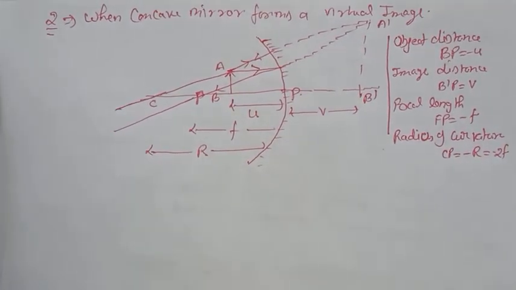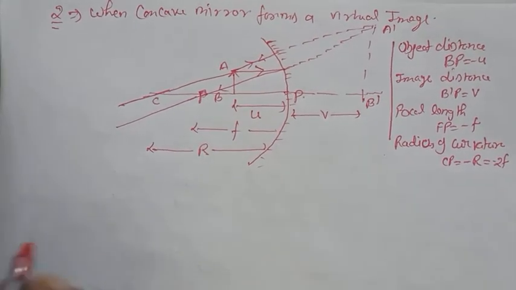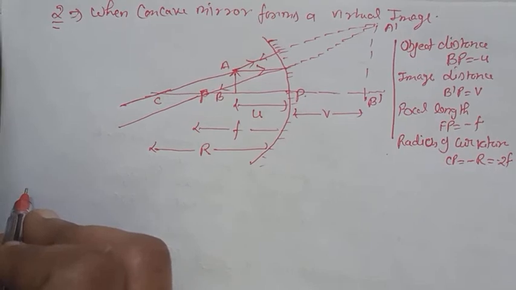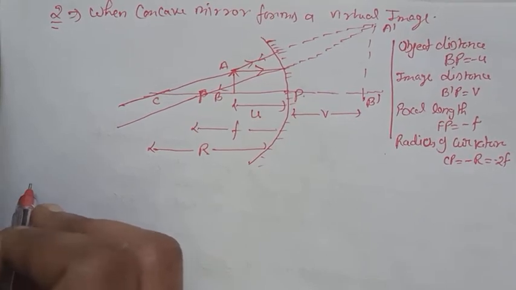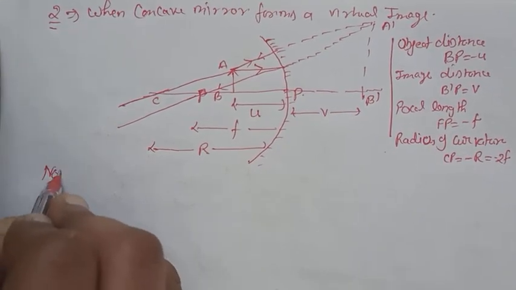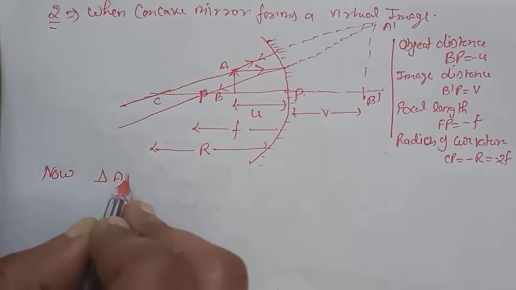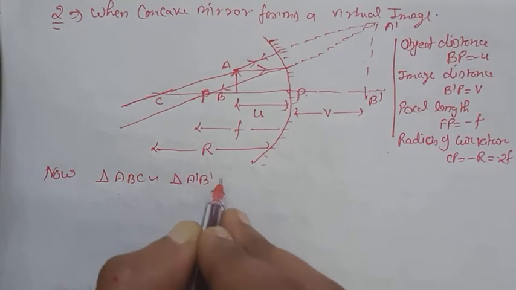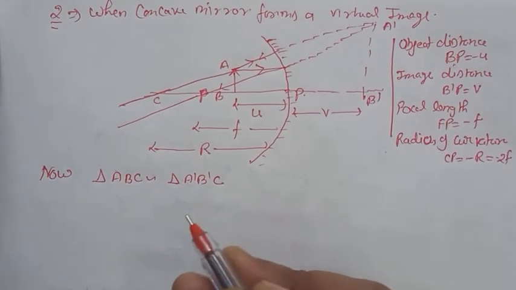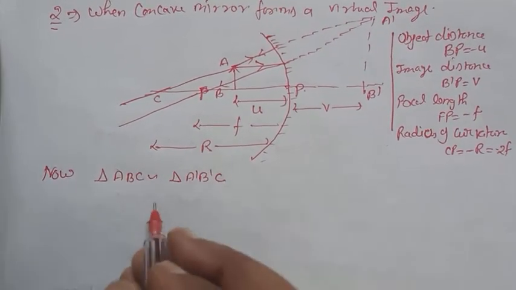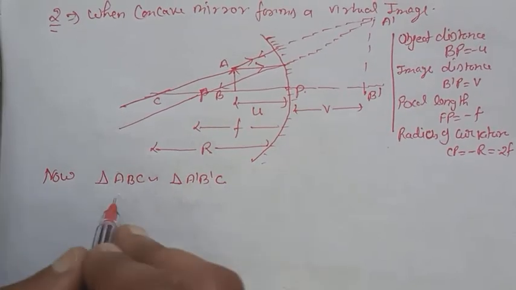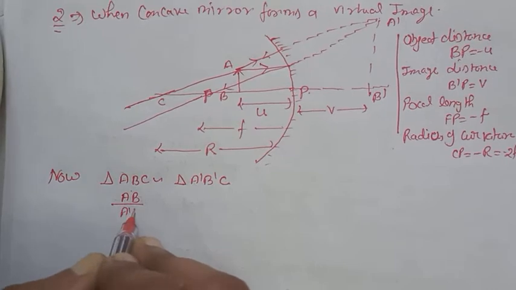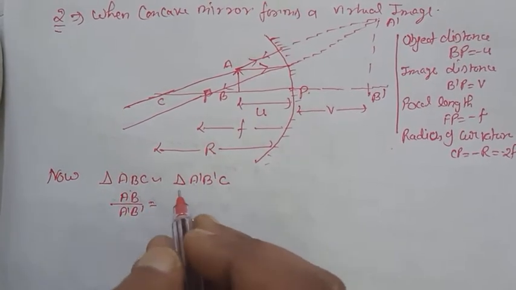Now again we consider two triangles. First one is ABC and similar triangle A dash B dash and C. Again we take the ratio of height of object and height of image. AB divided by A dash B dash, with bases.